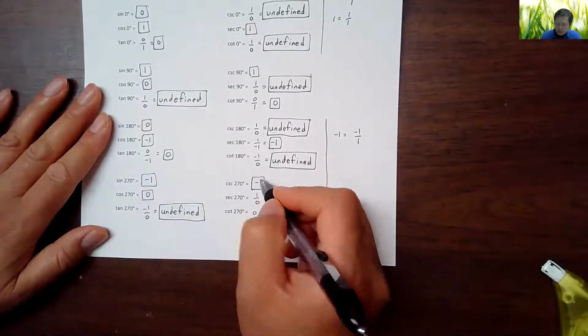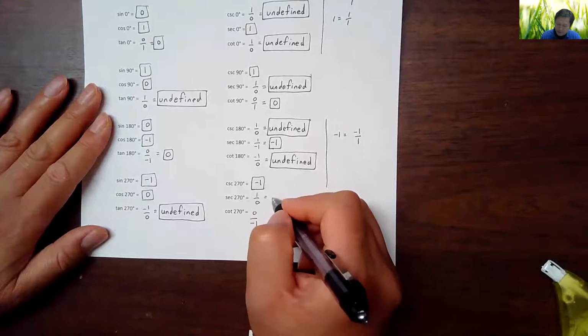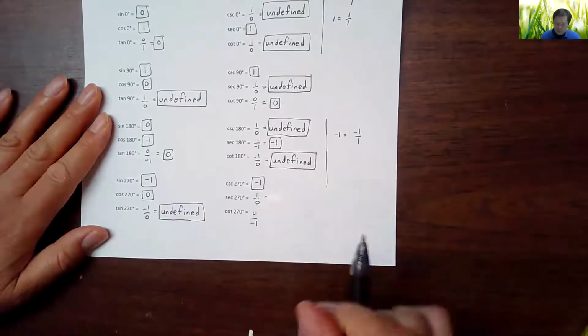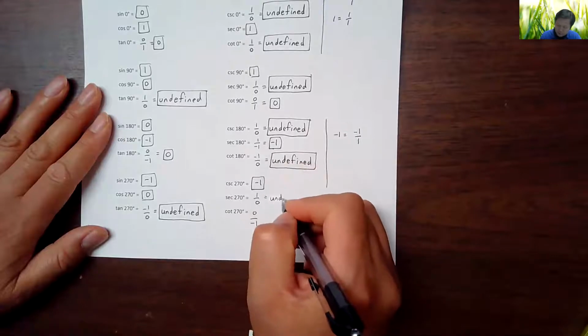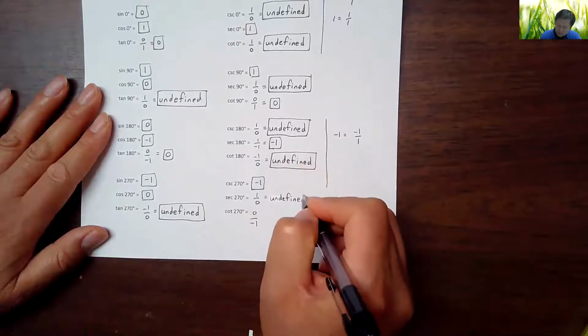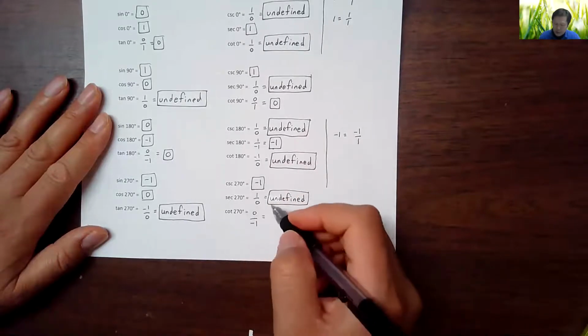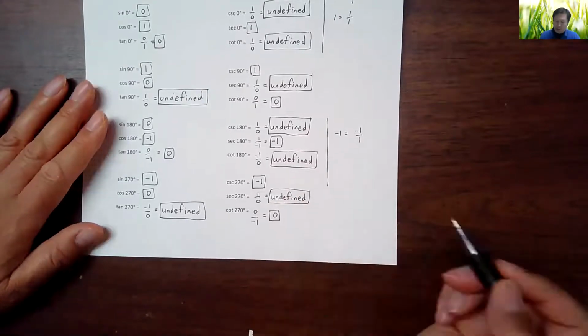Minus 1 is good. 1 over 0, undefined. Zero over minus 1, 0 on top is okay. That is just a 0.